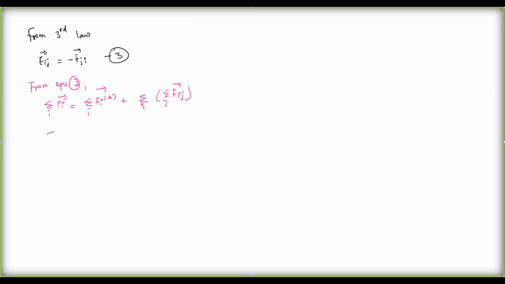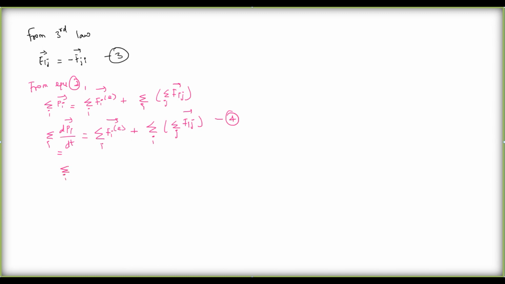Then from Newton's second law, dpi vector by dt is equal to summation i of Fi external force vector plus summation i, summation j of Fij vector. This is equation number 4. Next we have to solve this term.